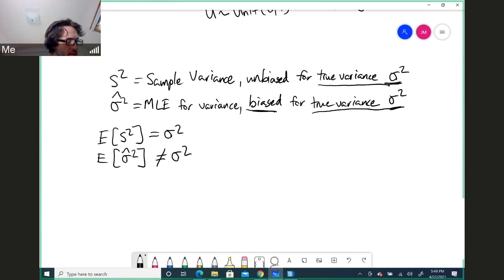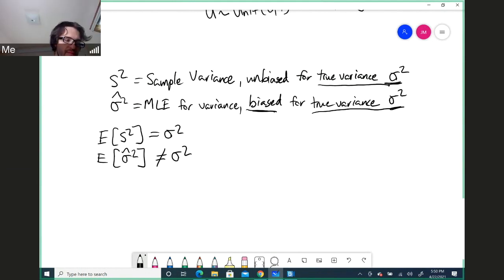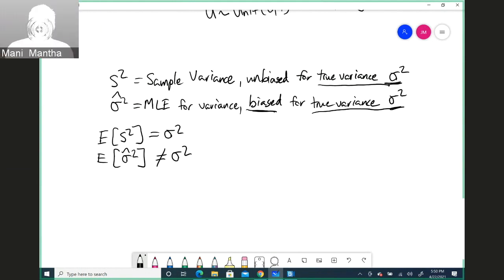This terminology is a little confusing: sigma squared and s squared are clear, population versus sample. But sigma hat squared is the maximum likelihood estimate for the true variance. Yeah, I know it's definitely a mouthful.